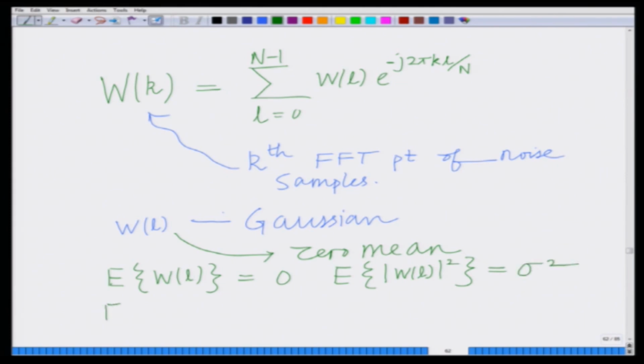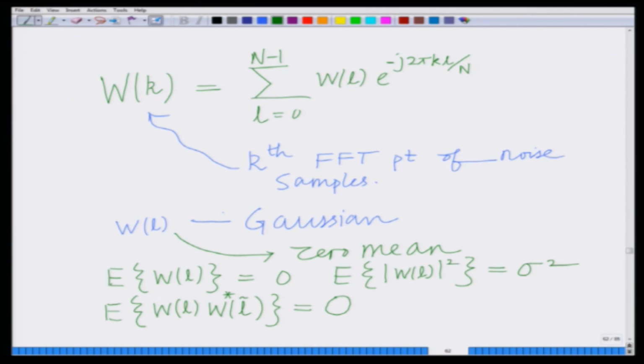Further, the noise is IID, which means the expected value of wL times wL tilde conjugate is 0, since two noise samples L and L tilde are independent and uncorrelated.